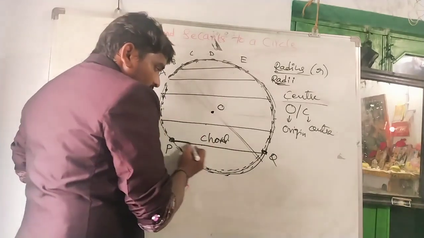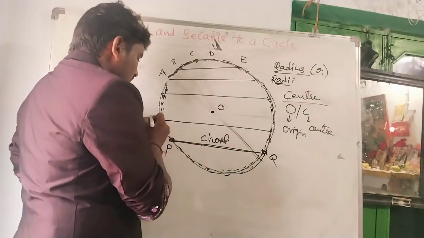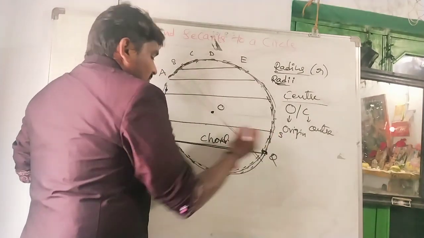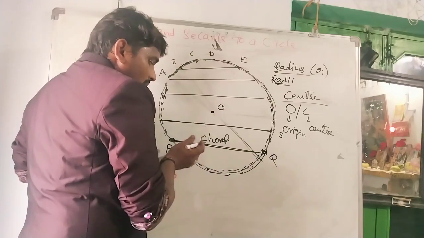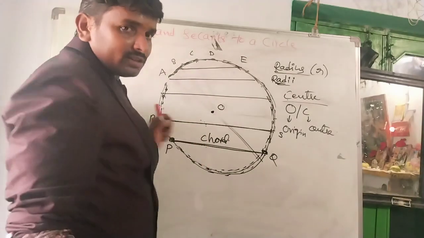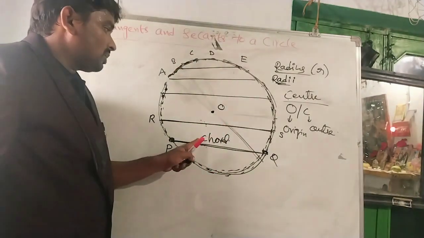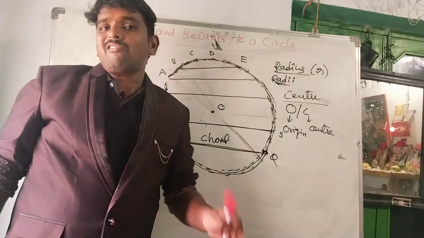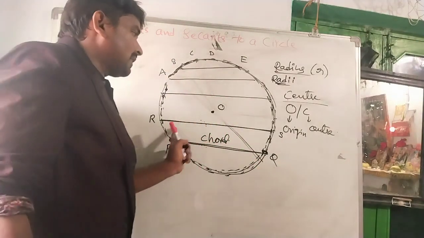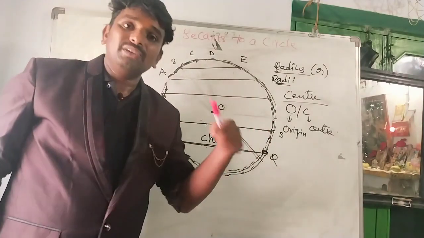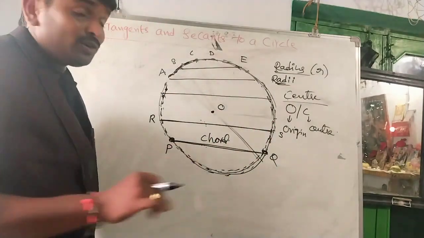If you find the length of chord PQ and observe the length of chord RS, what do you say about these two chords' lengths? Are they equal? No. So chords have different lengths. But what about radii?